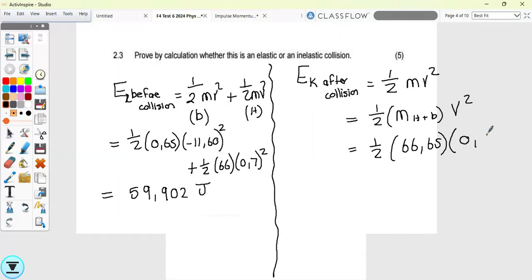So that's just going to be 0.58 squared. And we calculate that part. Yours is quite close. I get, no, you get 11.21. Definitely not close.